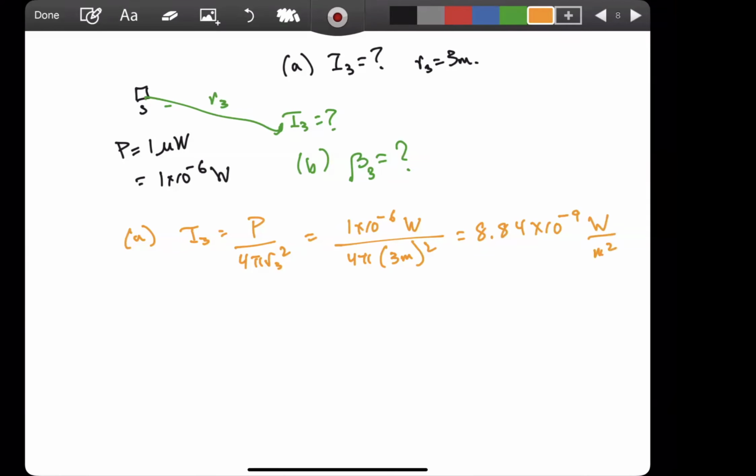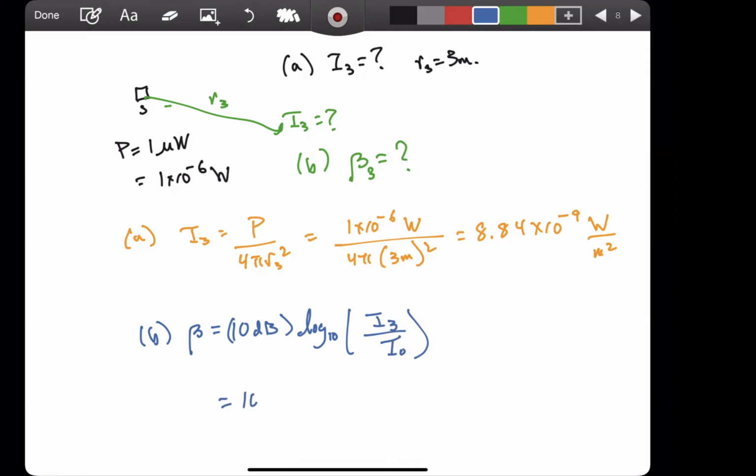Now, for part B, we know the sound level beta is the same thing as 10 decibels times the log base 10 of the intensity I3 divided by the threshold of hearing I0.